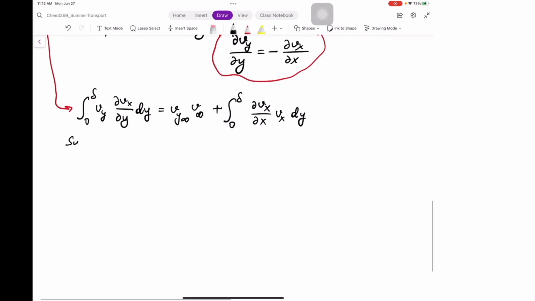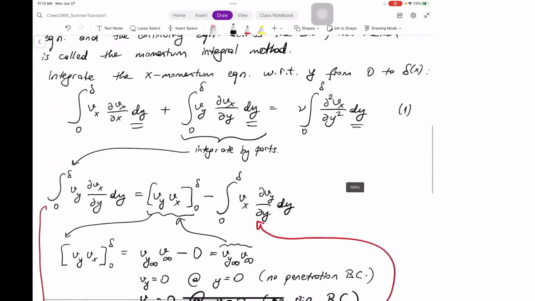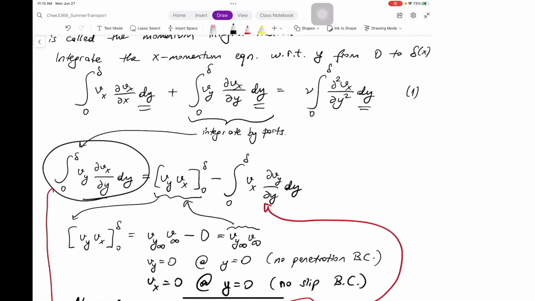And substituting this into the integrated x momentum equation. Which equation is that? It's equation 1. It's this one. So now we can actually plug it in here.